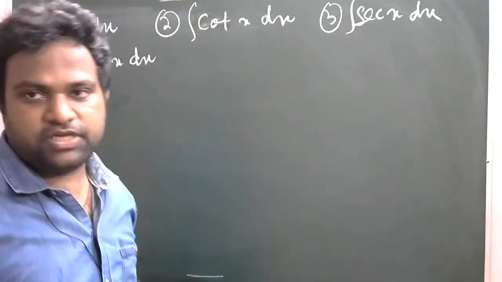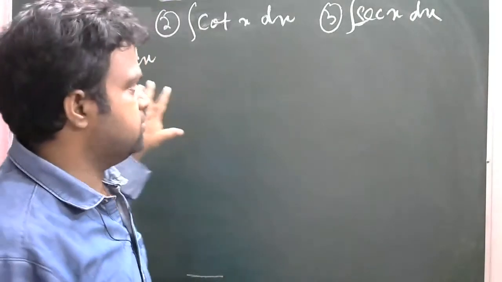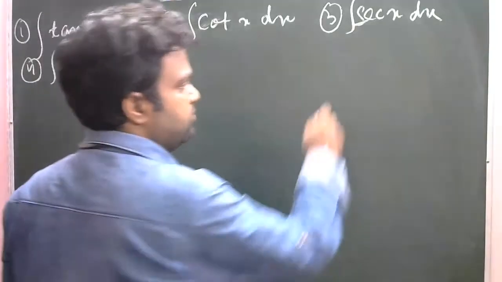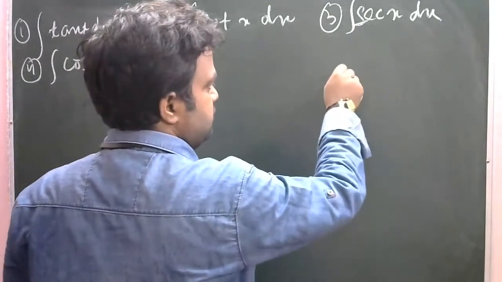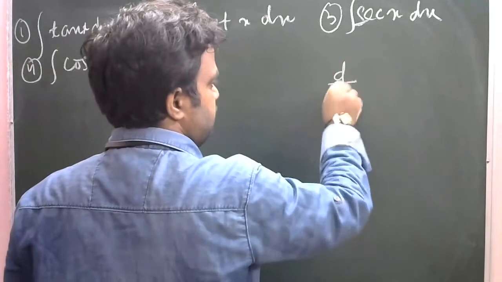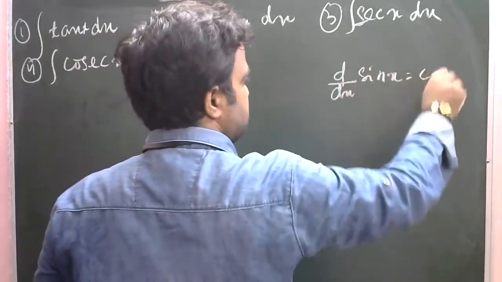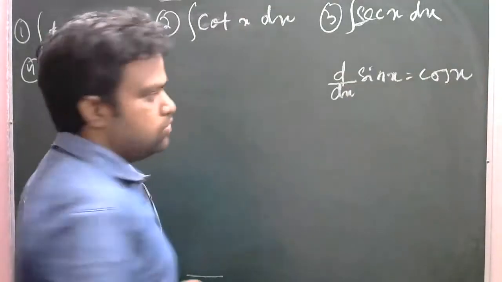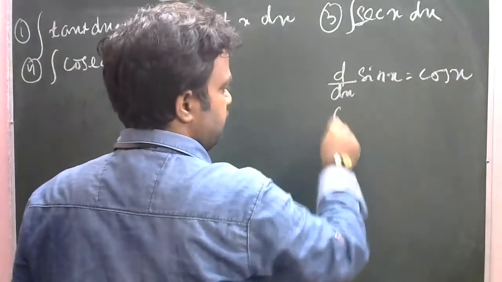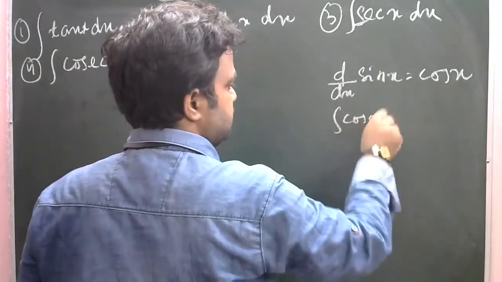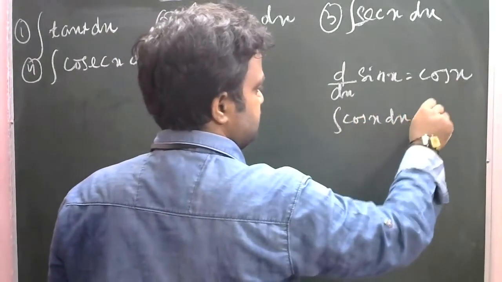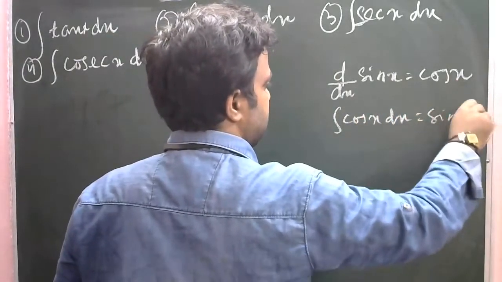So sine and cosine are already known to you. You know the integration of sine and cosine. What is that? The derivative of sin x is cos x. So the antiderivative or integral of cos x dx is sin x plus c.